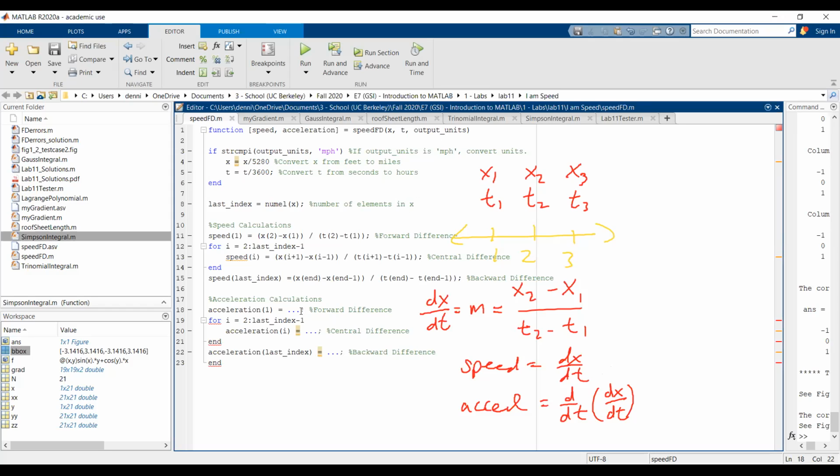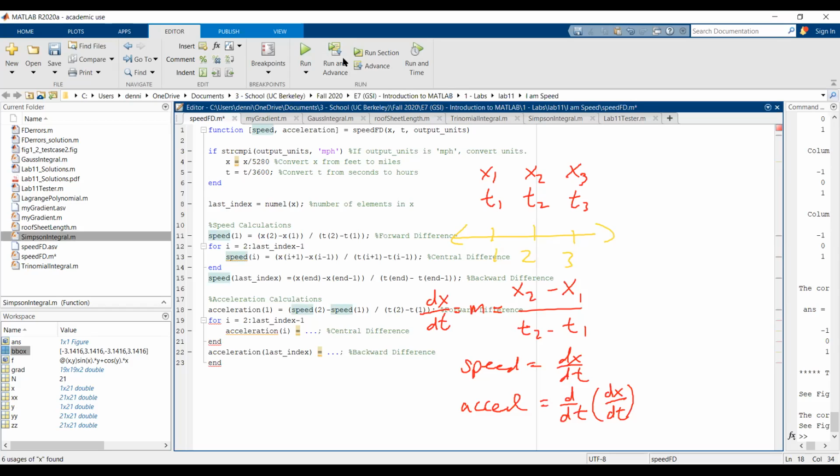So for acceleration, we're not going to use x for this one because we're going to want to take the derivative of the derivative. In other words, the derivative of speed. So we can approximate that by, instead of saying x2 minus x1 over time 2 minus time 1, the indices don't change. What does change is the fact that we're using speed instead of x.